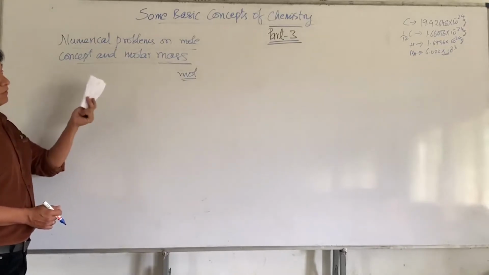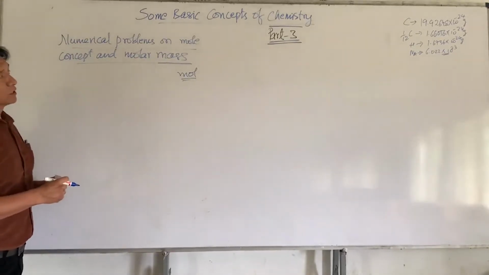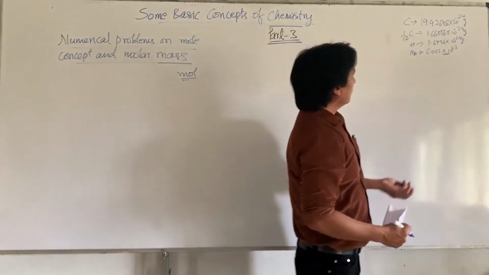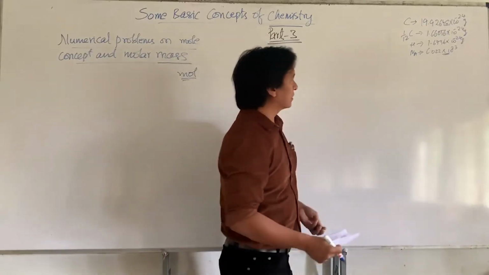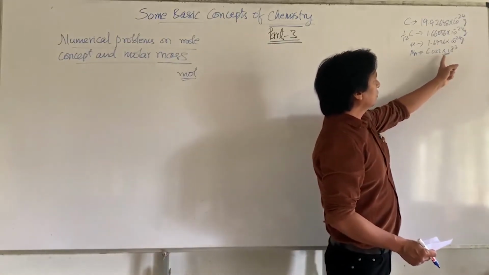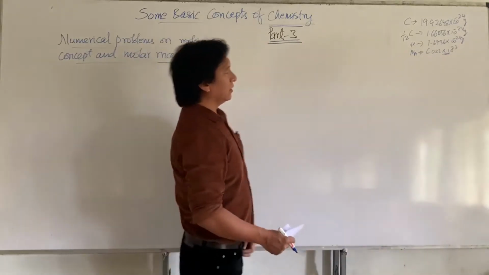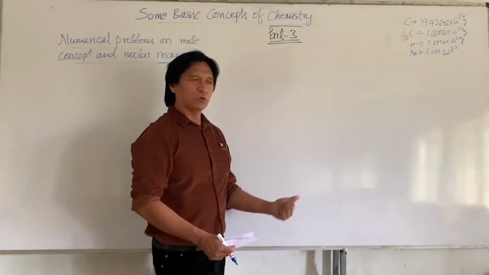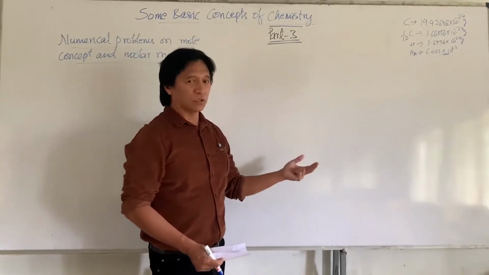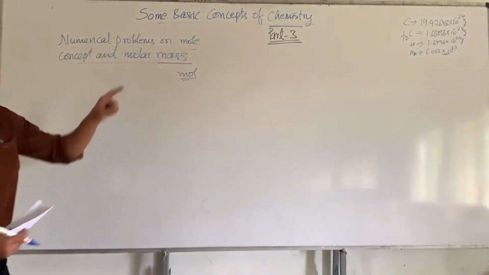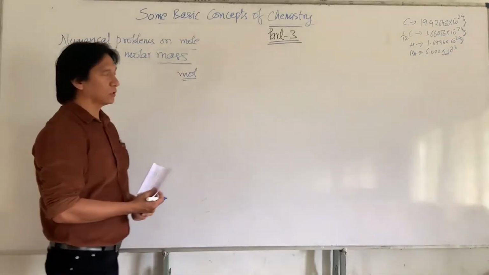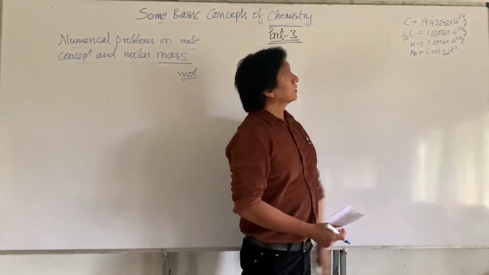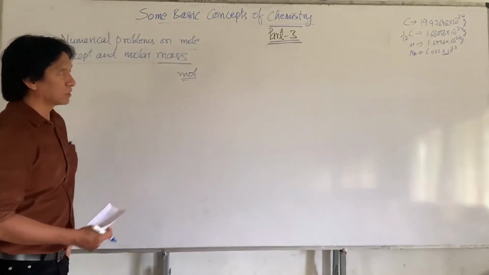So now, as far as this 1 mole is concerned, in 1 mole of any substance, there are 6.022 × 10^23 particles. Now these particles may be atoms or molecules or electrons or ions or whatever. So that is a number, and it's called the Avogadro constant, and it's denoted by the symbol capital N with subscript A.